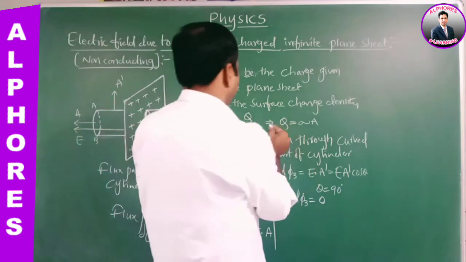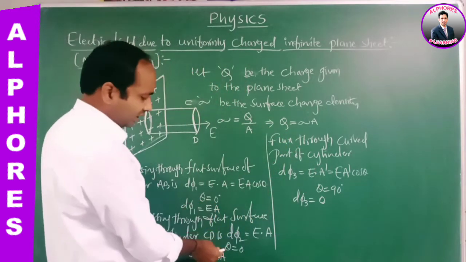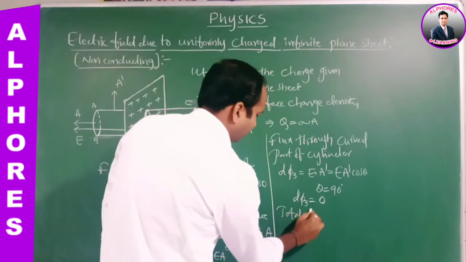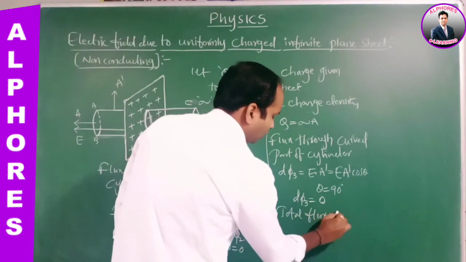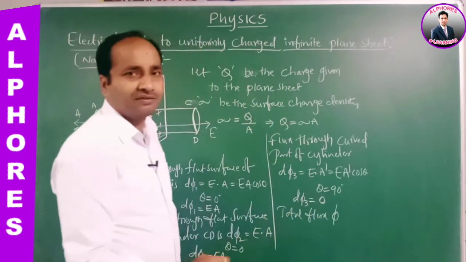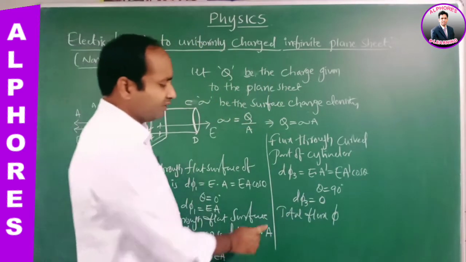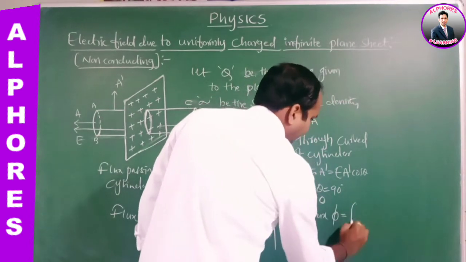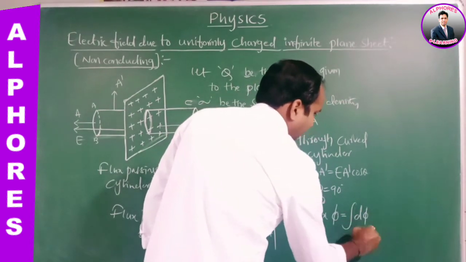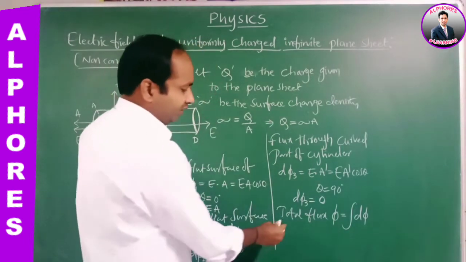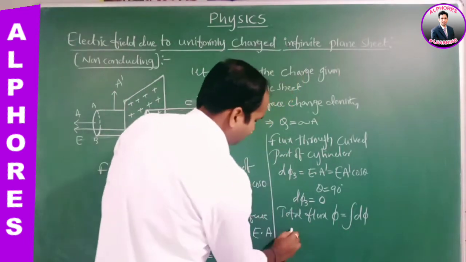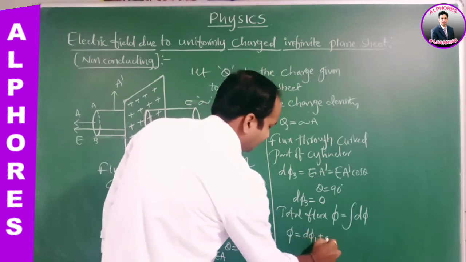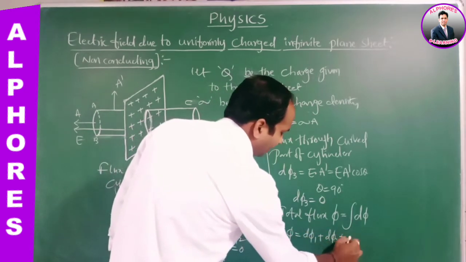Now we have the flux passing through the first part, second part and third part. Now what is the total flux passing through the Gaussian surface? Total flux phi is equal to the integration of d phi, that is, phi is equal to the sum of d phi 1 plus d phi 2 plus d phi 3.